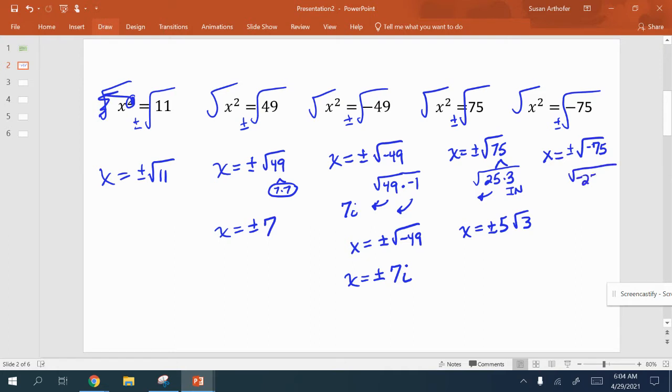So we have negative 25 times 3. For the negative, out comes i. For square root 25, out comes 5, and 3 stays in. So the final answer would be x is equal to, don't forget the plus or minus, out is 5, out is i, in is radical 3.